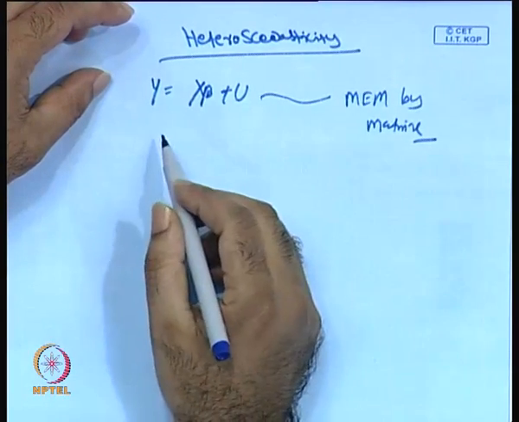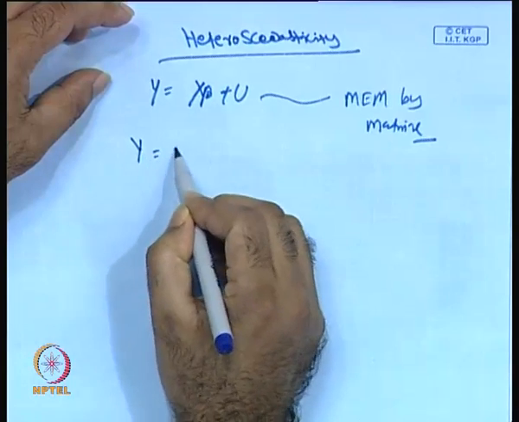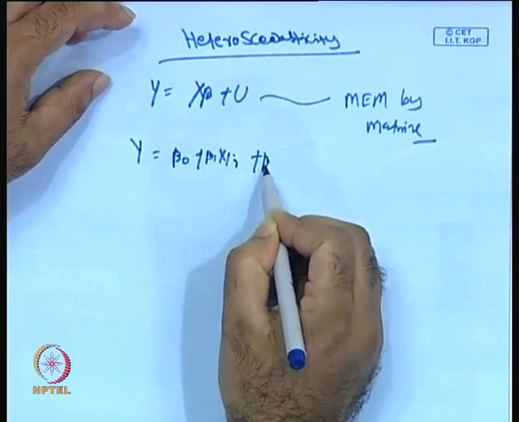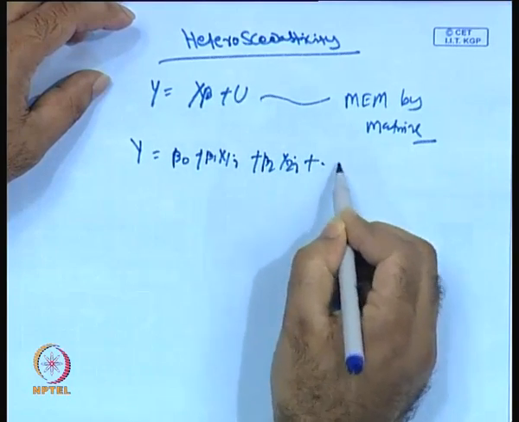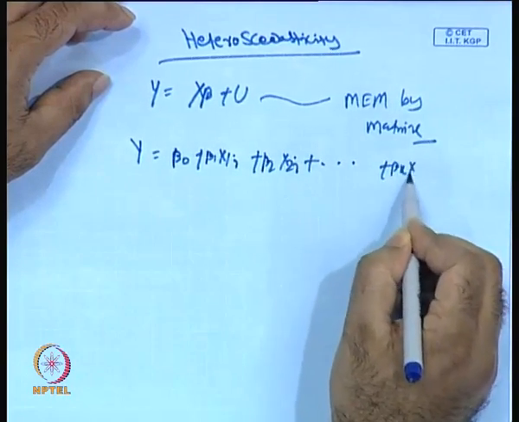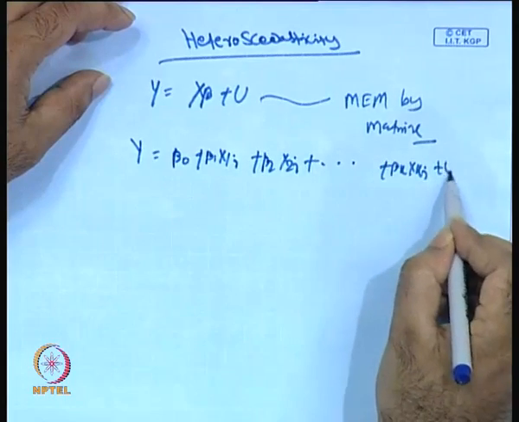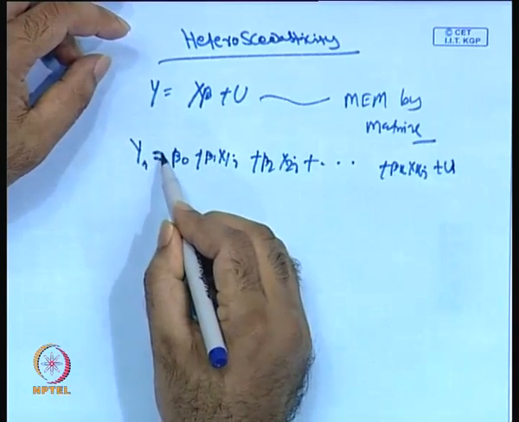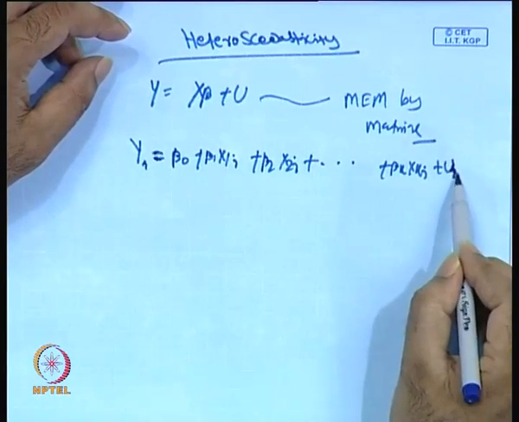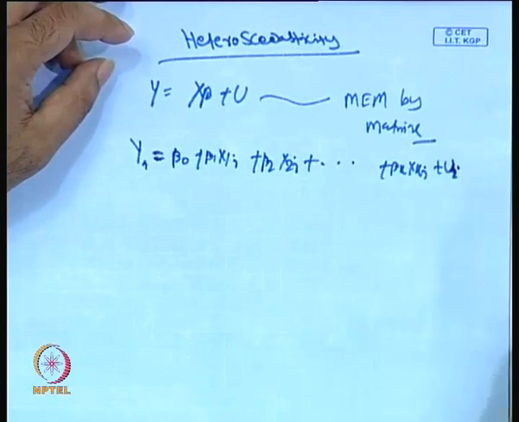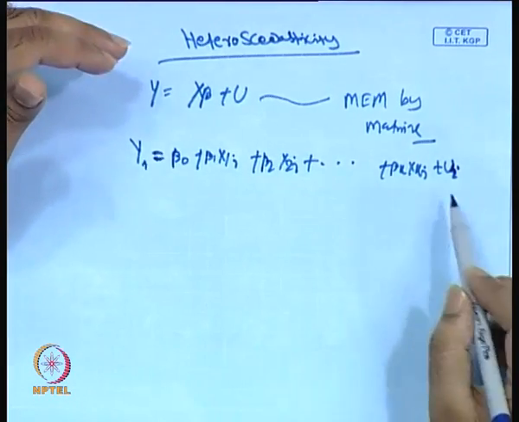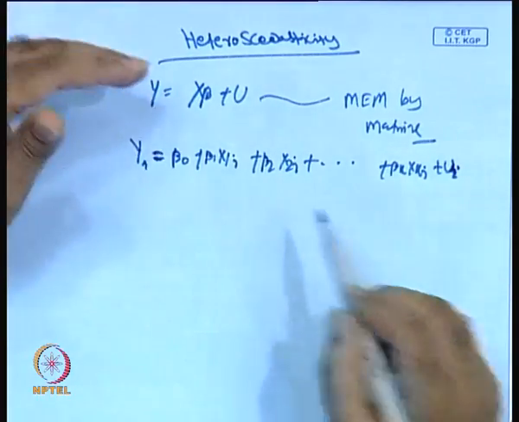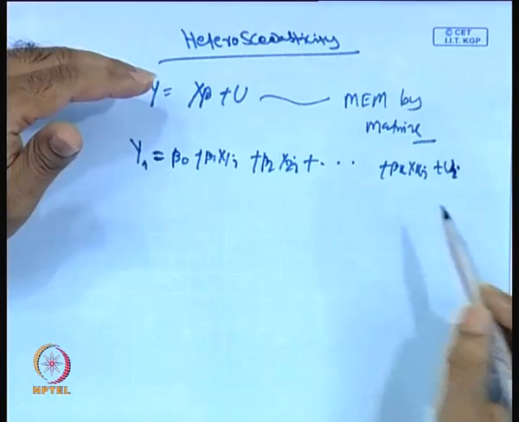Or else you can write it this way: y equal to beta 0 plus beta 1 x1i plus beta 2 x2i, continuing up to beta k xki, plus ui. Last class we discussed ui. It can continue like u1, u2, u3, but first you start with this one, u, and after that you can go for extension of u.